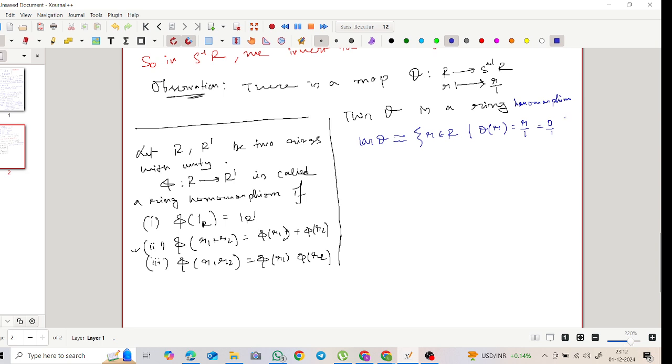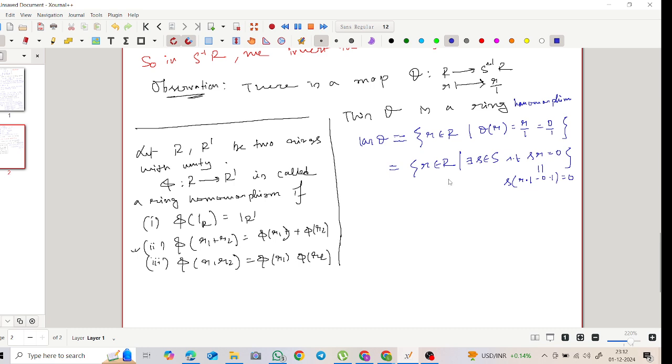It is 0 in S inverse R. So what does that mean? All those r belonging to R such that there exists s belonging to S such that s r is 0. True? So ker theta is this. This is clear?